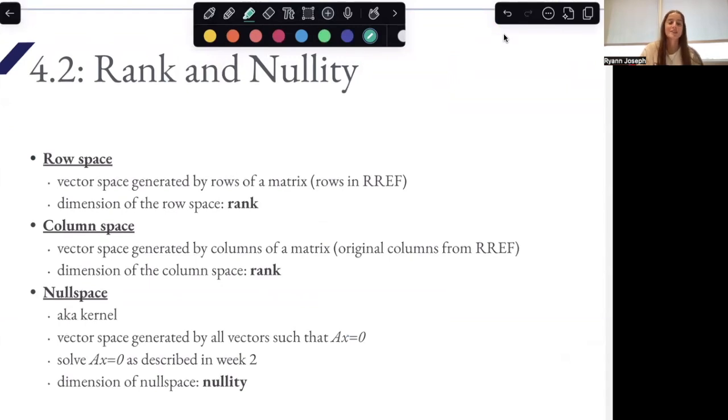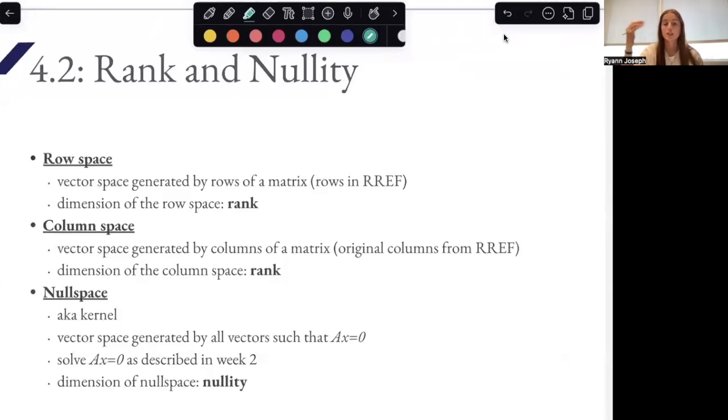The row space is the vector space that is generated by the rows of a matrix. So when you have a matrix, you have the rows. You can say, what if I linearly combine all of these rows in a certain way, I can make a space. This must be the rows in the reduced row echelon form.